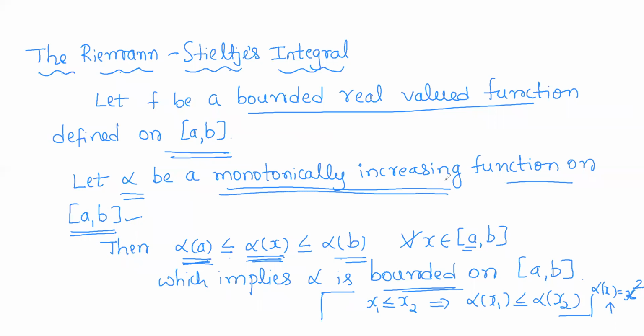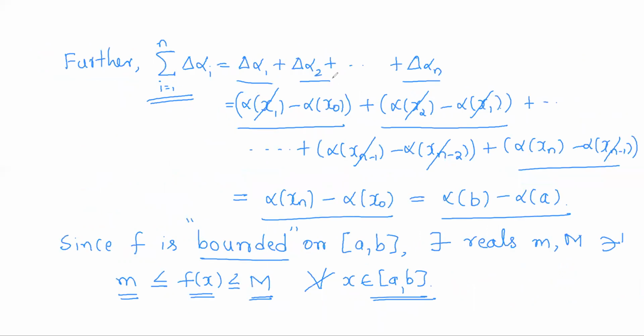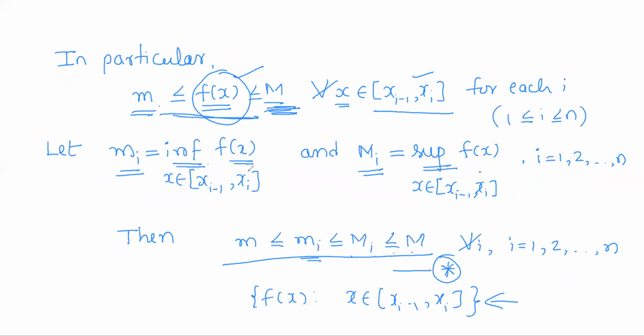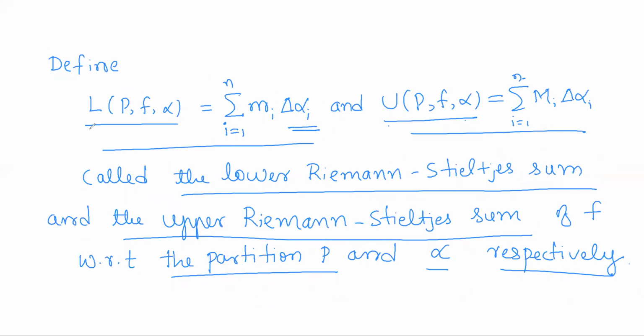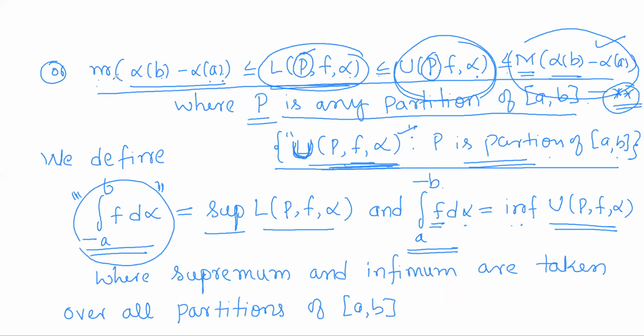Using the monotonically increasing nature of alpha, we define delta alpha i for each i using the partition points of P. Later we define two sums, one is the lower Riemann-Stieltjes sum, the other is the upper Riemann-Stieltjes sum, and these two satisfy the inequality: small m times (alpha of b minus alpha of a) is less than or equal to L(P, f, alpha), which is less than or equal to U(P, f, alpha), which is less than or equal to capital M times (alpha of b minus alpha of a).